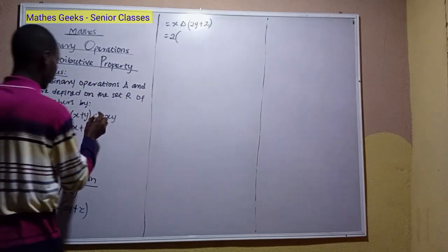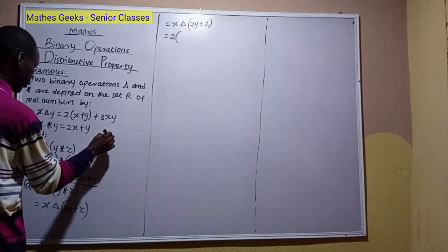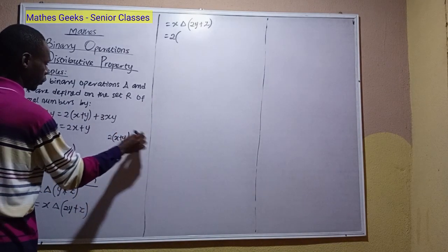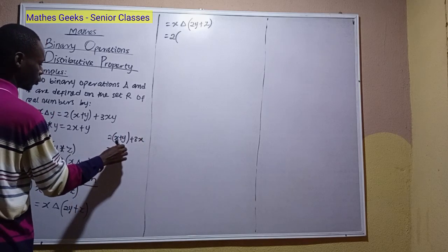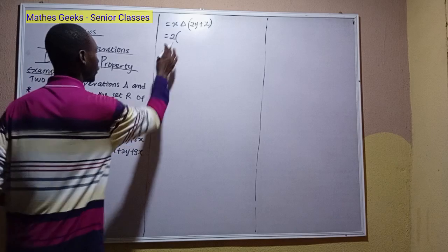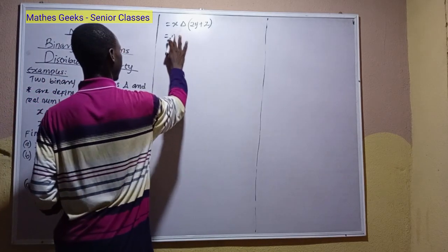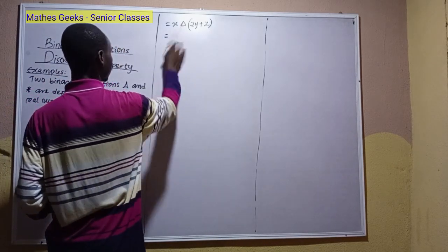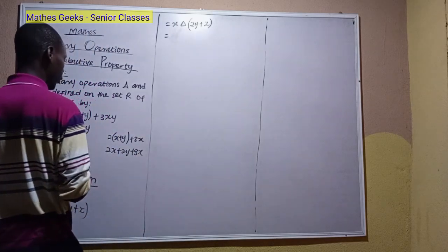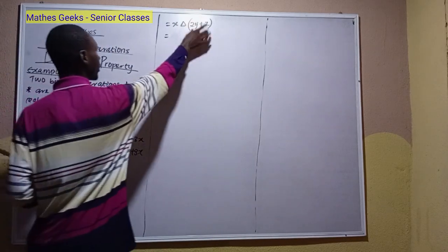So let's simplify this part. 2x plus y is 2x plus 2y plus 3xy. So I'm going to put this here. So that will give us x operation 2y plus z. In this equation, anywhere we have y, we're going to put this part.